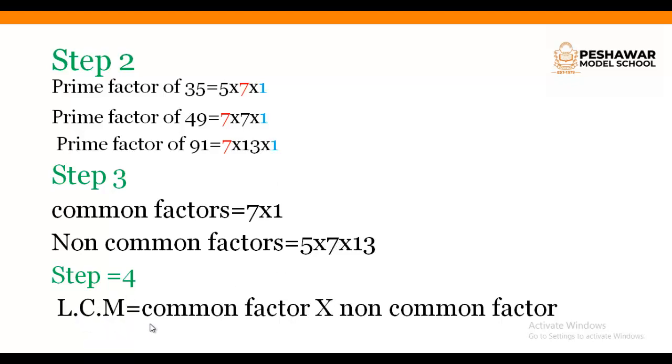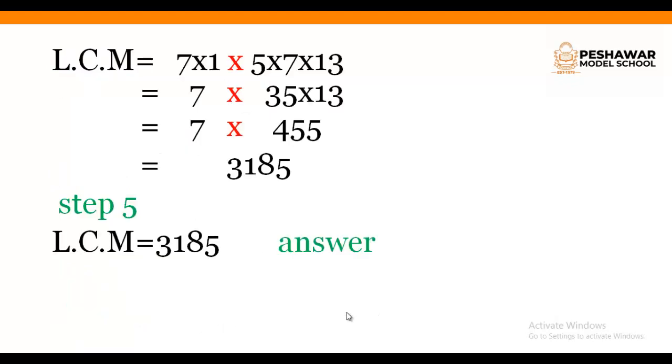Step number 4, LCM. You have to put the formula: common factor multiply with non-common factor. So I'm going to apply the formula over here. LCM equal to 7 multiply 1, right? Multiply common factor with non-common factor: 5, 7 and 13. 7 1s are 7. 5 7s are 35. 13 as it is.